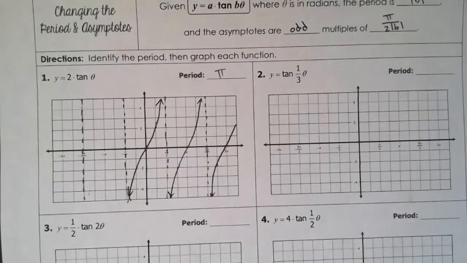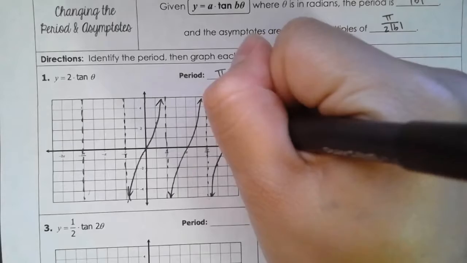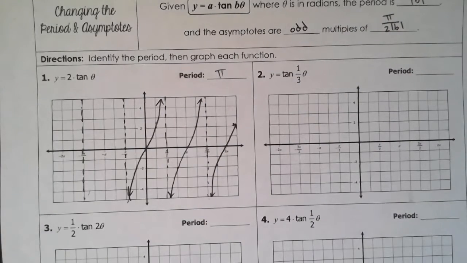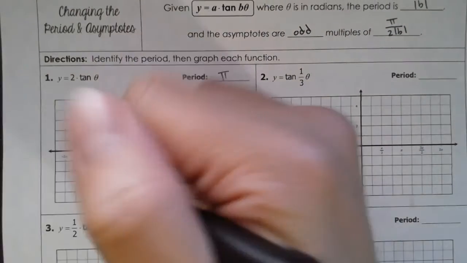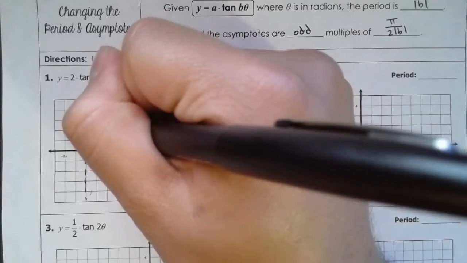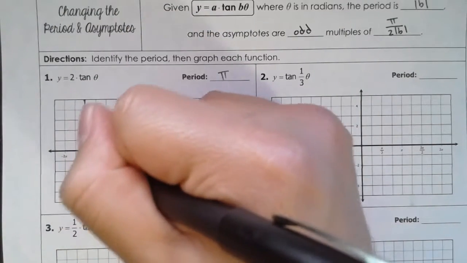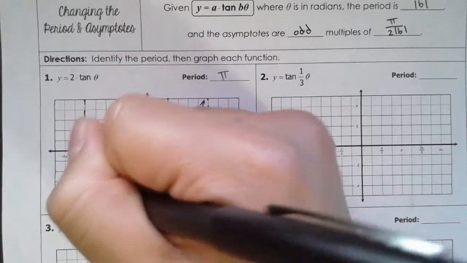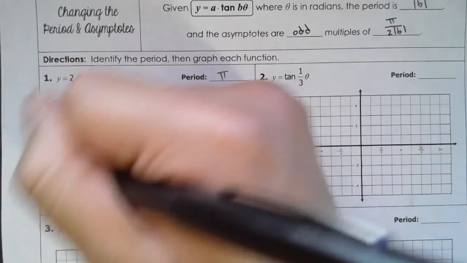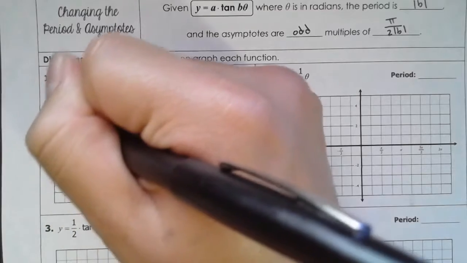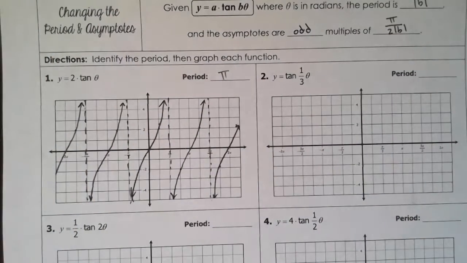It gets cut off there. You still put your arrow because you know it keeps going. Okay, so that's what number 1 looks like.